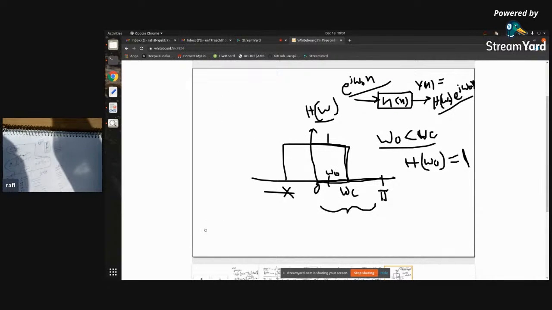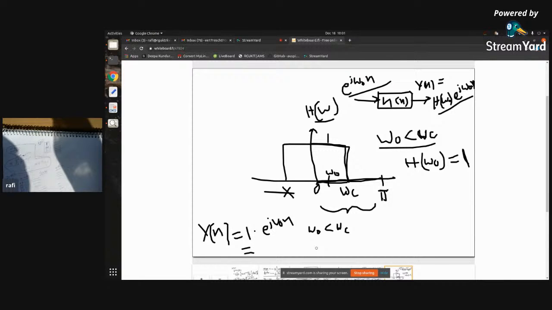So y of n is equal to 1 into e power j omega naught n when omega naught is less than omega c, because here h of omega is 1.